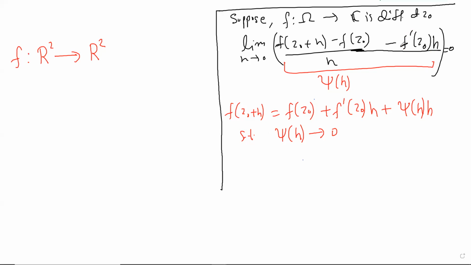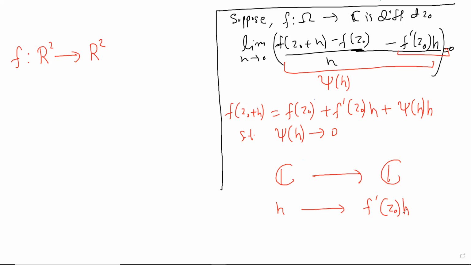Now, what is this? This is like a function from C to C where h is getting multiplied by f dash z naught, which is just a number. You people agree? It's just a number.